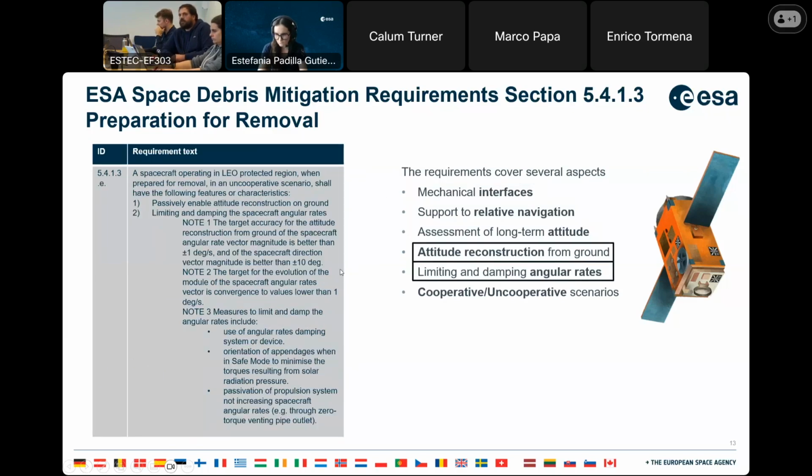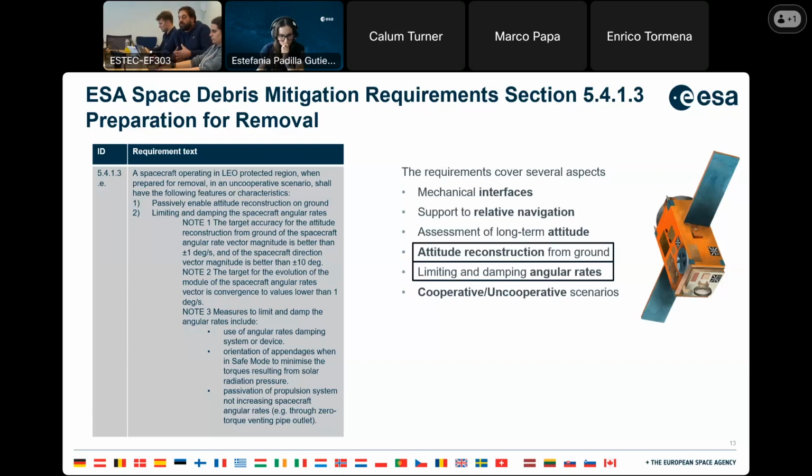So going further, we can see here the requirement related to the attitude reconstruction from ground and the limiting and damping of the angular rates. It's important here to highlight, not going into the details of the requirement, that for example for this function, limiting and damping angular rates, the document is reporting actually the magnitude, for example, for the angular rate vector.